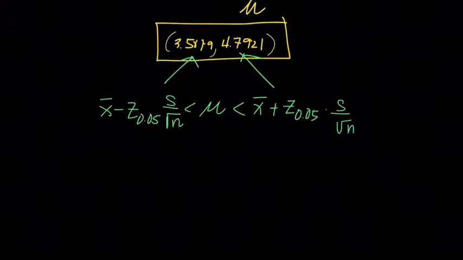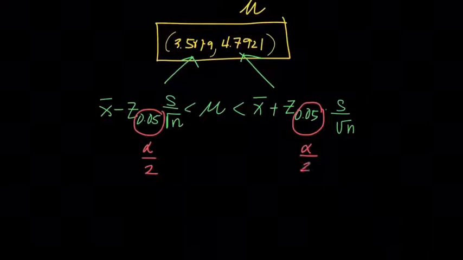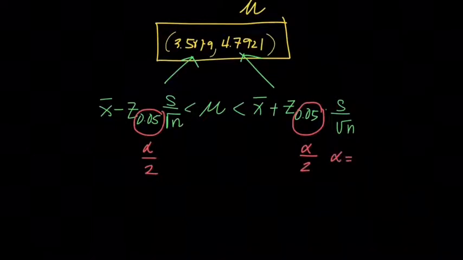Now, if you take a look at what we have done, it seems that we have created a new relationship. Focus on the 0.05 and 0.05. In the earlier discussion of confidence intervals, these are the alpha over 2. So if the alpha over 2 is 0.05, then the alpha must be equal to 0.1.